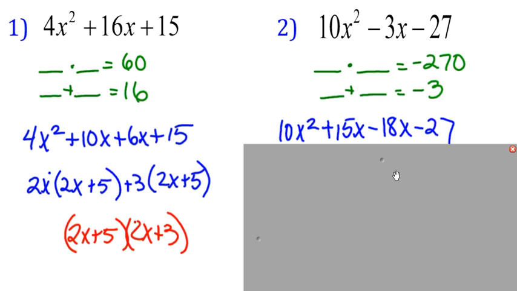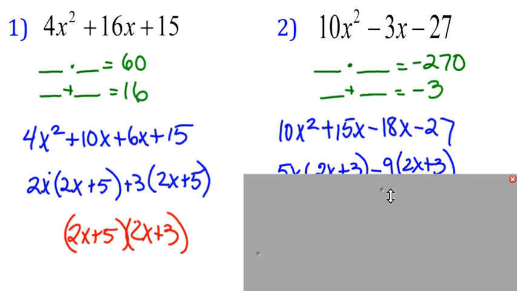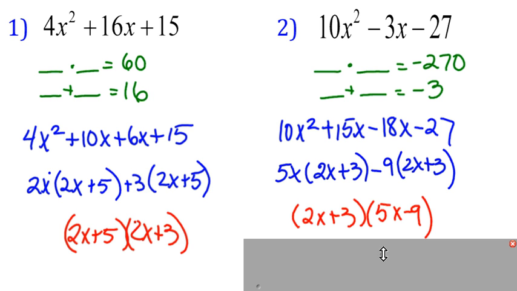The numbers we're going to use are a positive 15 and a negative 18. So then, grouping by pairs, the first pair we could divide out a 5x, the second pair we could divide out a negative 3. Here we see that each term is being multiplied by 2x plus 3, so our factors would be 2x plus 3 times 5x minus 9.